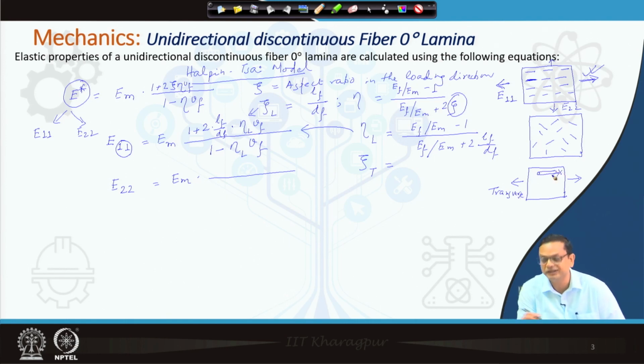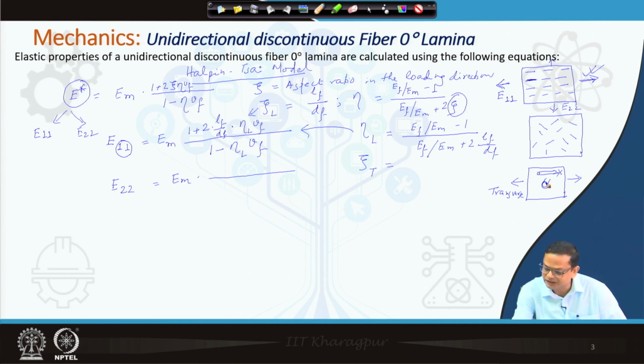It is not the alignment, but now you will be seeing the cross section of the fiber. So the fiber is basically aligned like this, that means you will see the cross section of the fiber when the loading is applied in the transverse direction. I hope you get it.